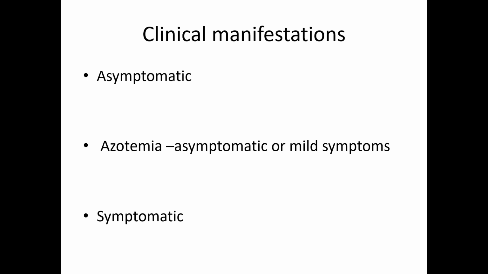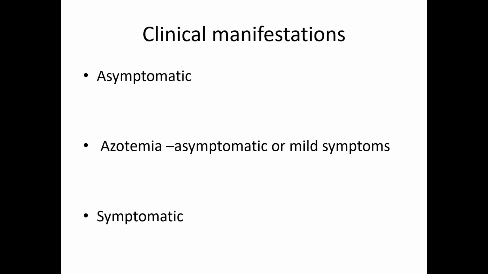Blood urea is slightly on the higher side, serum creatinine is slightly higher, maybe 1.3, 1.4, and these patients have only minimal or mild symptoms. So the azotemic stage is stage 3 and 4.